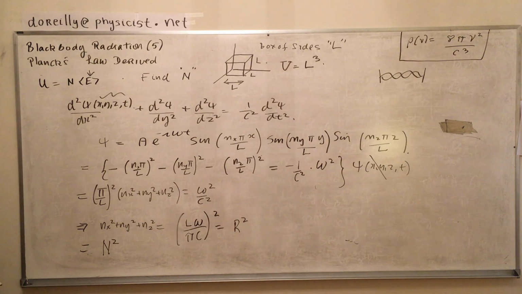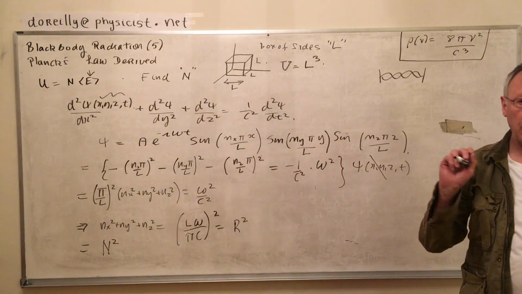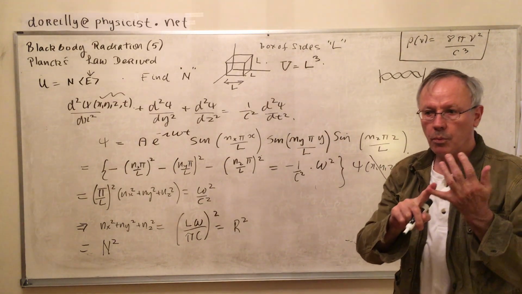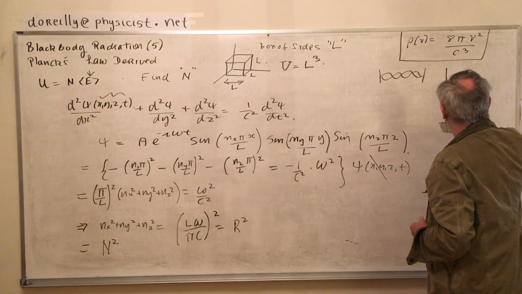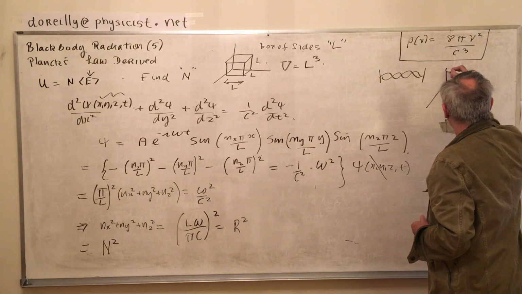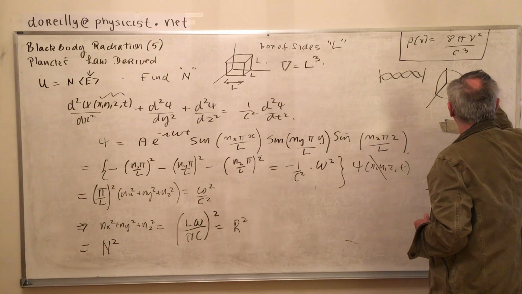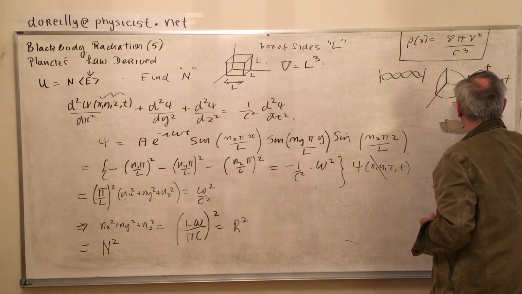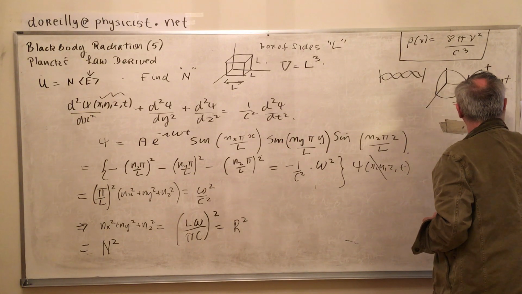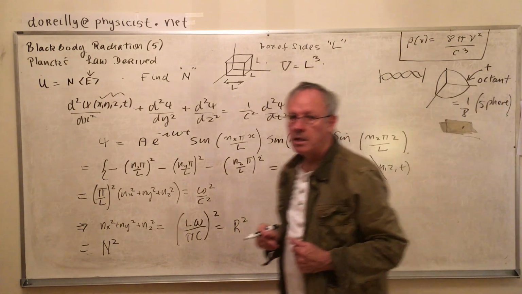Well, it's not quite, because it's the volume of a sphere, and we only need the positive values for n. So we'll take the positive octant. It's a sphere of radius n. We'll take 1/8 of a sphere.